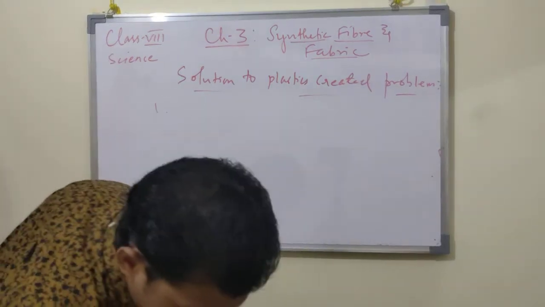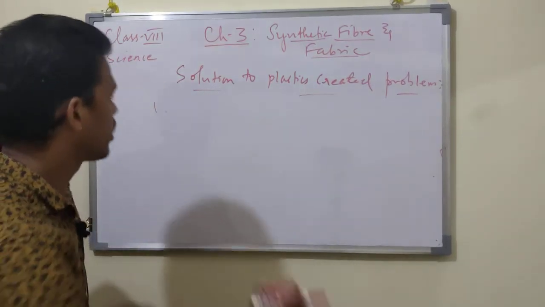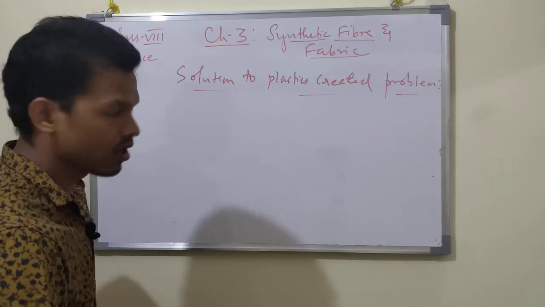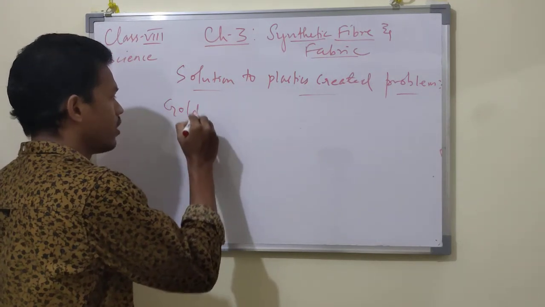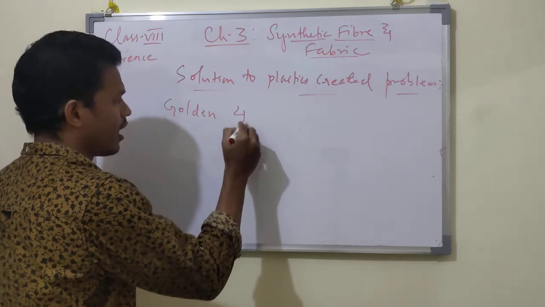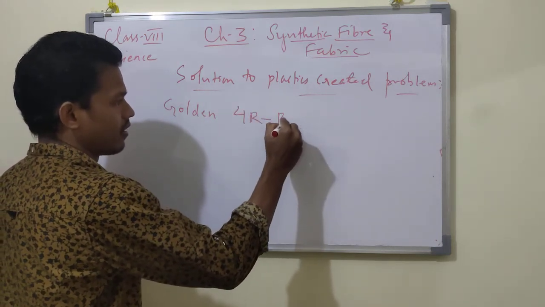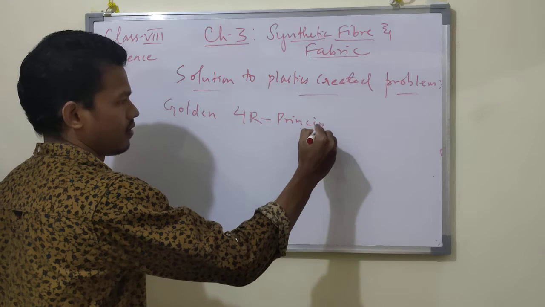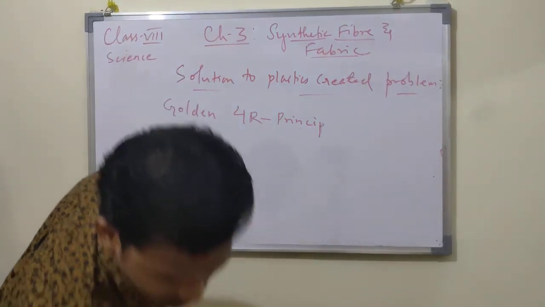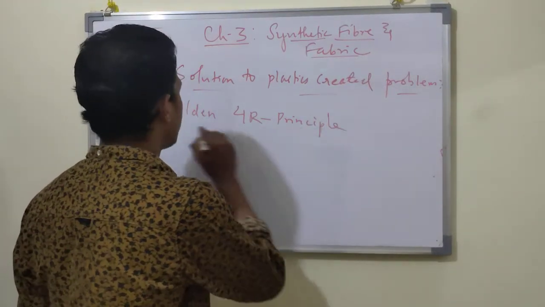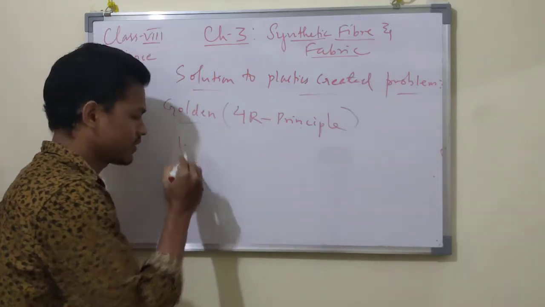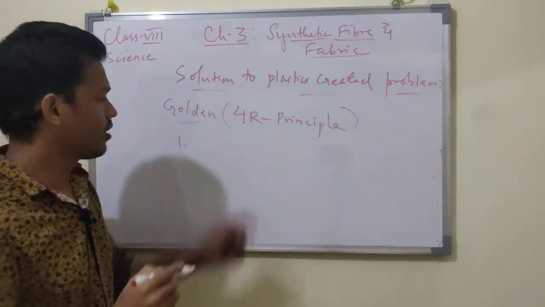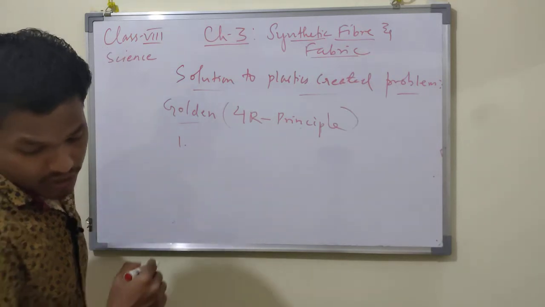First, as a responsible citizen, we must remember the golden 4R principle. What is the golden 4R principle? First one is reduce.